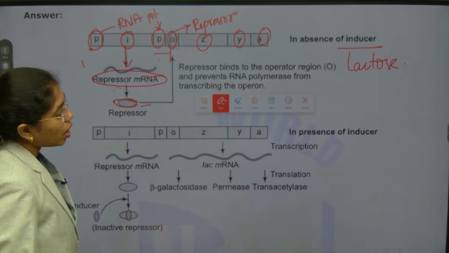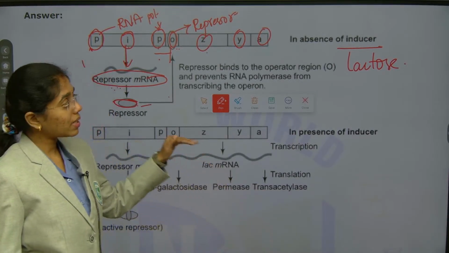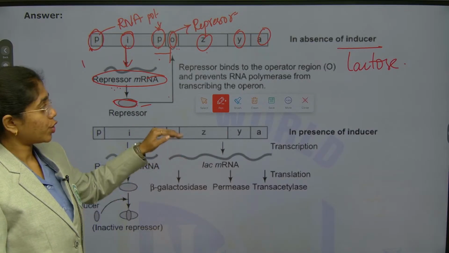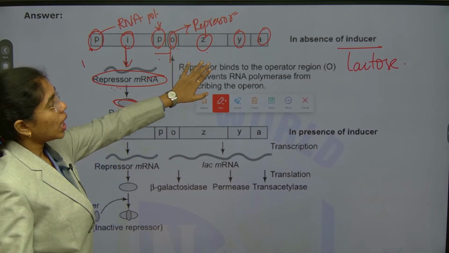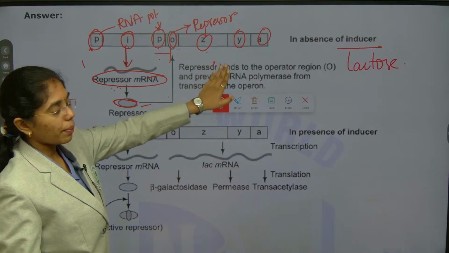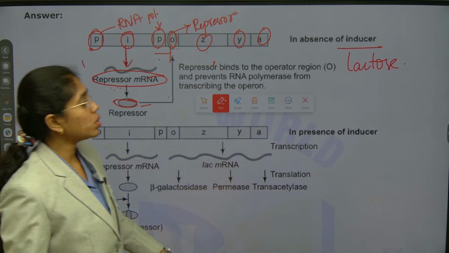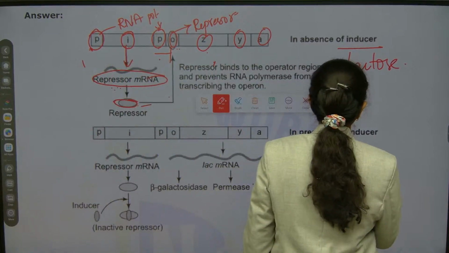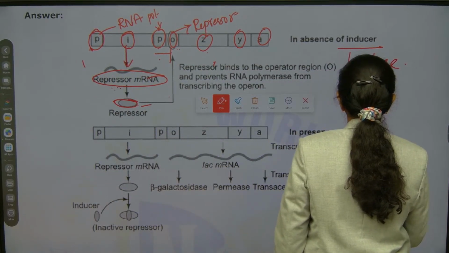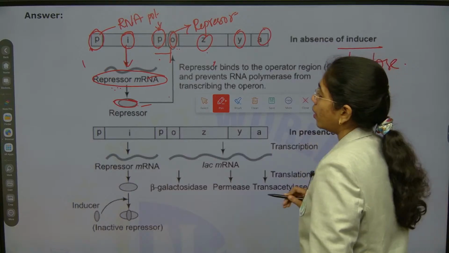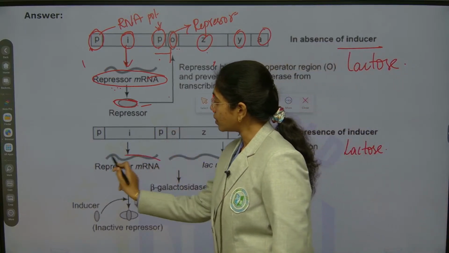Whenever you are presenting this question, that is gene expression, you have to give out 2 things. One is what is happening in the absence of inducer, and the other is what is happening in the presence of inducer. In the presence of inducer, here again lactose, the I gene of course will synthesize repressor.